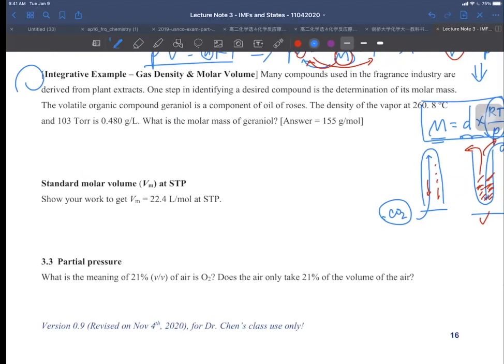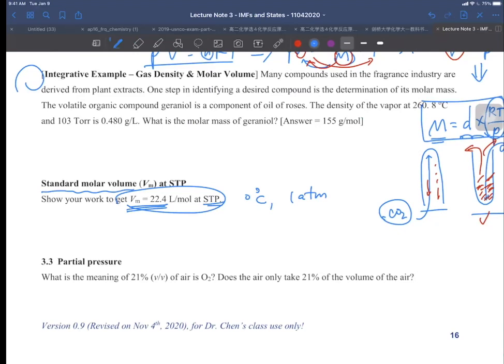And then a very quick introduction about STP, the molar volume at STP, which is called the standard molar volume. Molar volume means the volume of 1 mole of gas. So at STP, which means 0 degrees Celsius and 1 atm, the standard molar volume is 22.4 liter per mole.